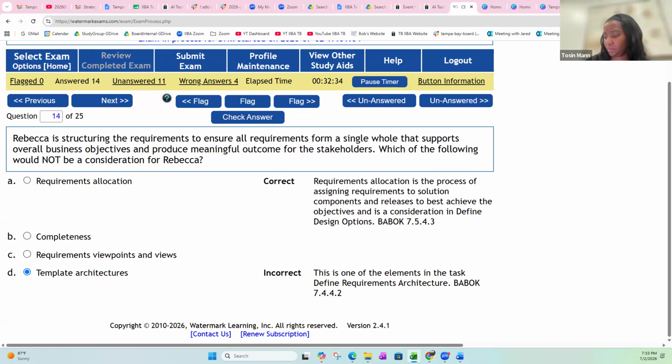I'm fuzzy on this right now, and I'm admitting, I think template architectures is the idea that, for instance, your PMO says you've got to use this template to organize your requirements. I think that's what it is. Oh, wait, Katya has it. An architectural framework is a collection of viewpoints that is standard across an industry, sector, or organization.